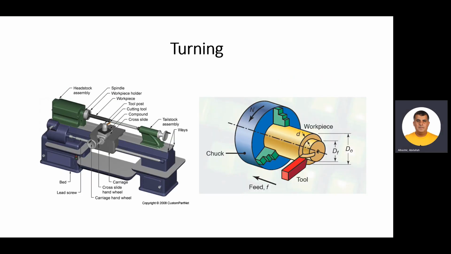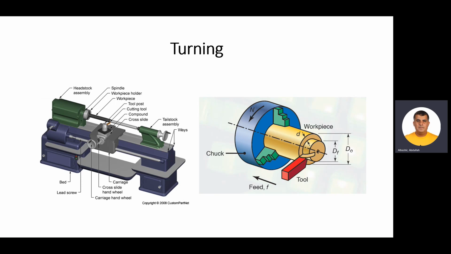Now, it is done in the lathe machine, and here you can find on the left the lathe machine with its different parts. In the manual, you will find a description of the role of each of these parts, and it is important.